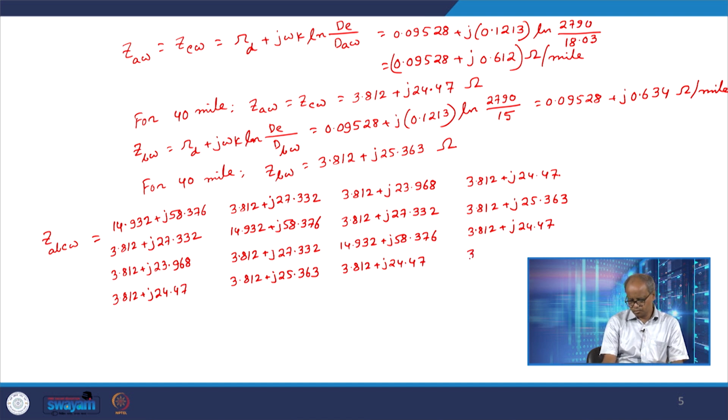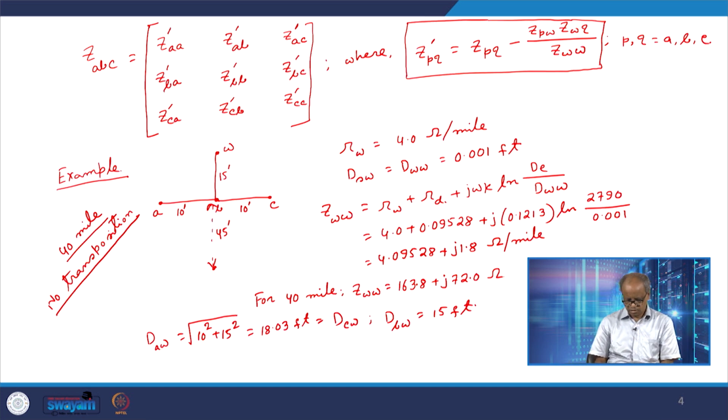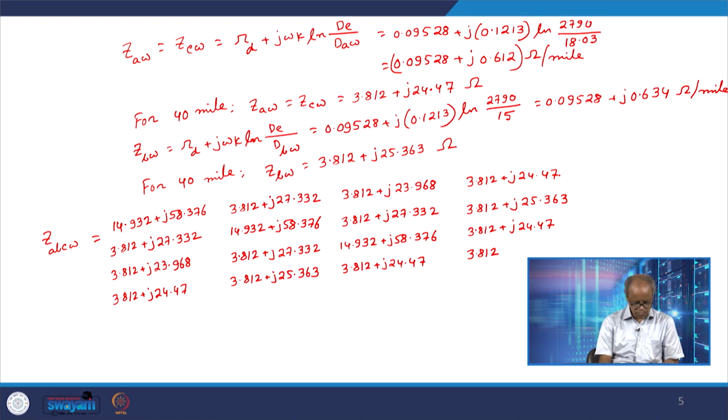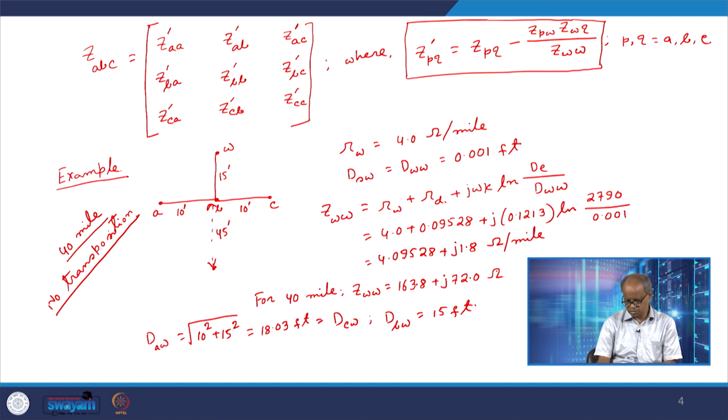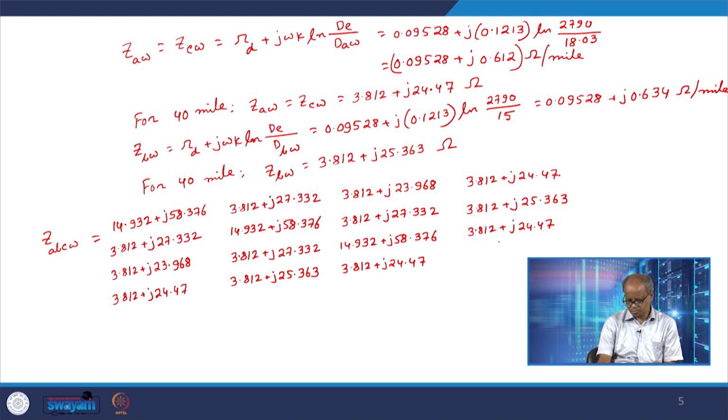And this last one, sorry, no, it would be 163.8 plus j 72.0. So this is the Z matrix.